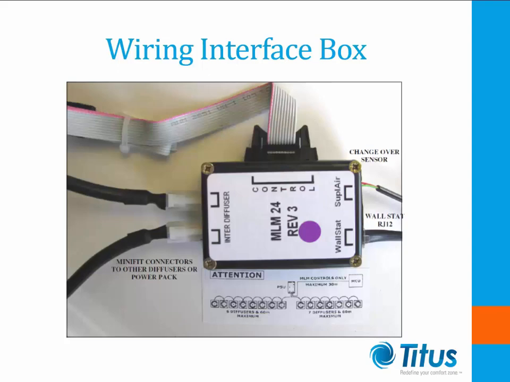The power supply is connected with a 4-pin mini-fit connector. Daisy chaining these can connect up to 16 devices to one power supply. The ribbon cable is connected to the diffuser to supply both power and communication. Finally, the optional changeover sensor is connected with a single pair wire to allow automatic changeover in systems where it is desired.